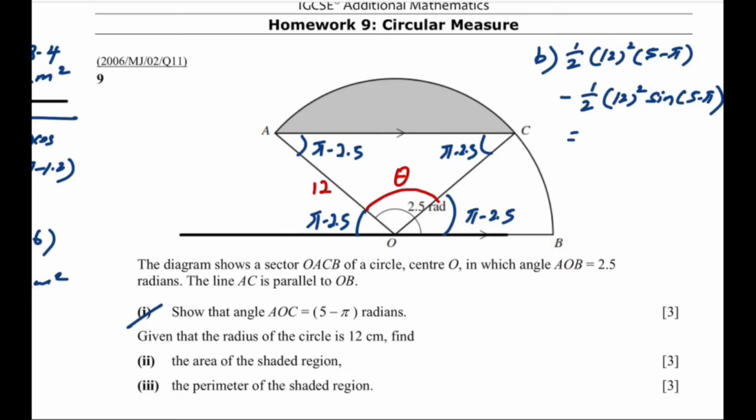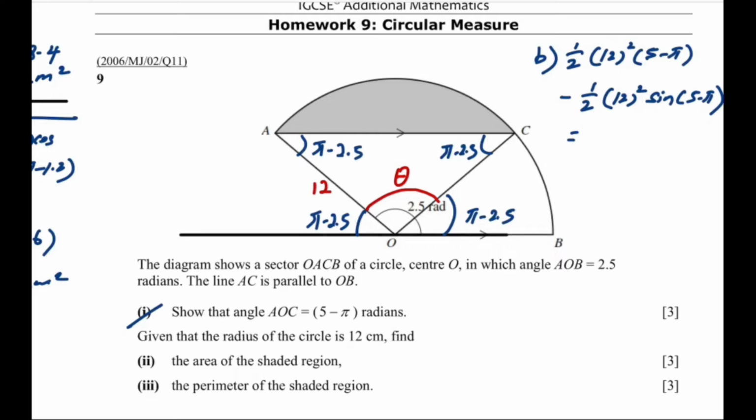So area of sector minus area of triangle, radian mode. Final answer, it should be 202. Did I write something wrong?